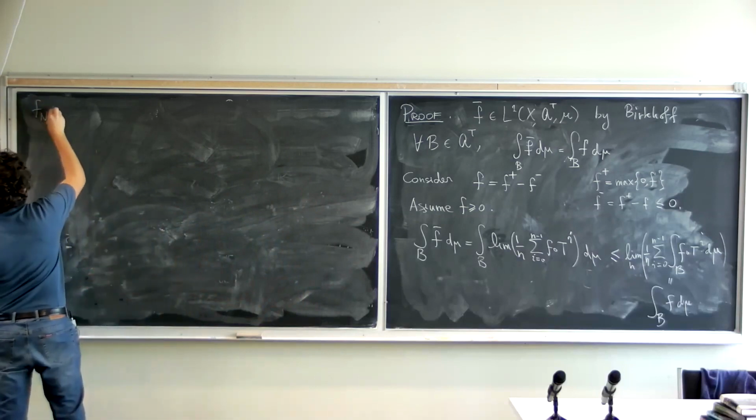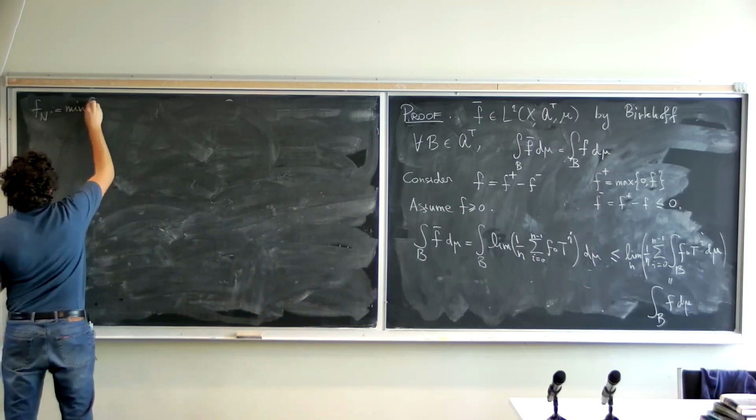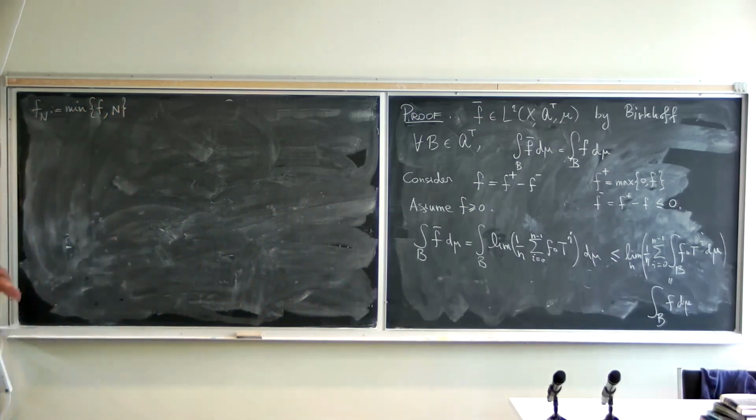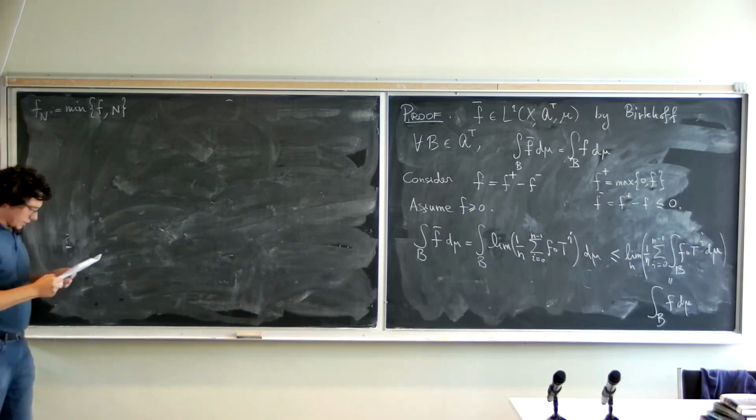So we let Fn be the minimum between f and n, where n is some number to truncate.